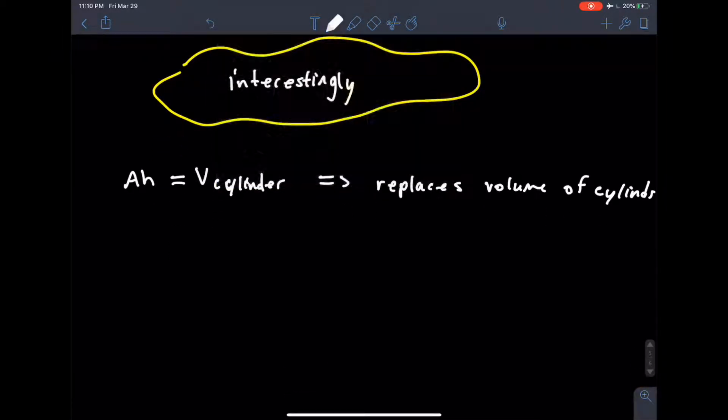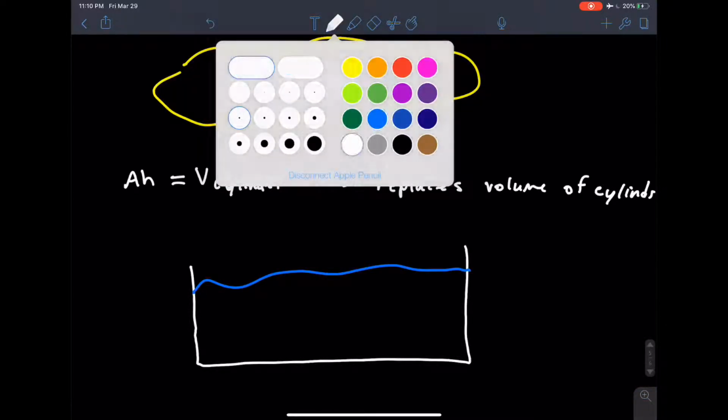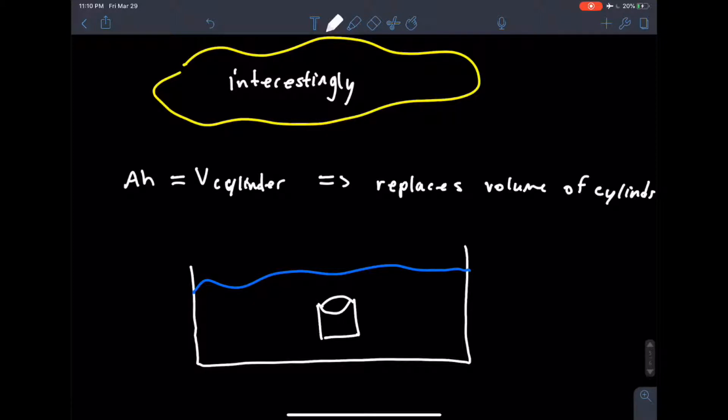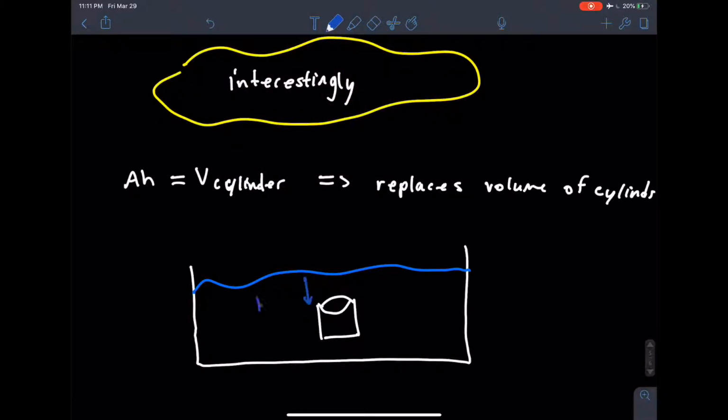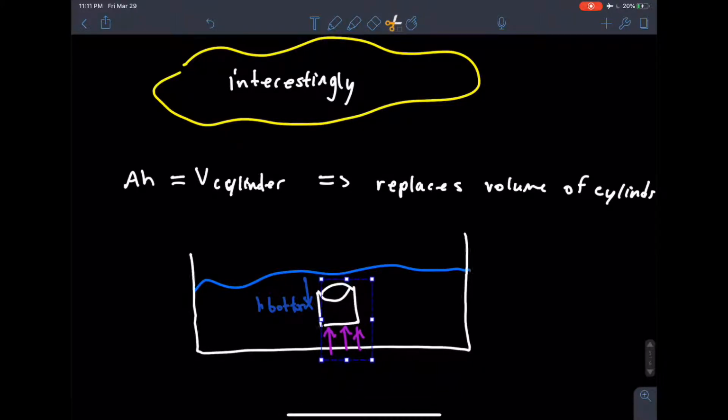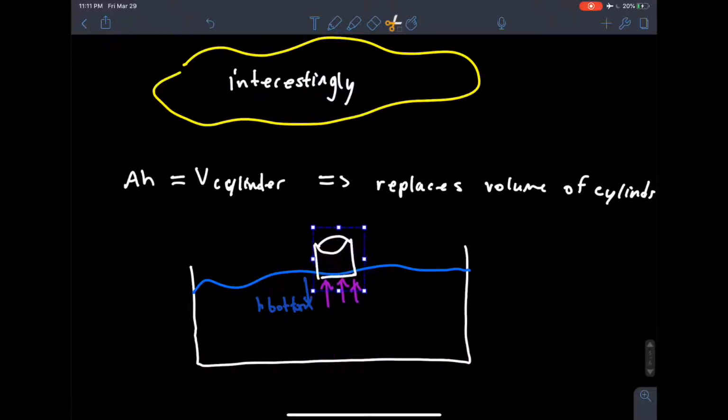Okay, so now I'm going to draw this diagram yet again of the pool of water, and I'm going to draw in my can of soup. On this can of soup, I'm going to draw the height from the surface of the water to the bottom of the can, and now I'm going to move this up. There you go, so it accurately represents what it should look like.